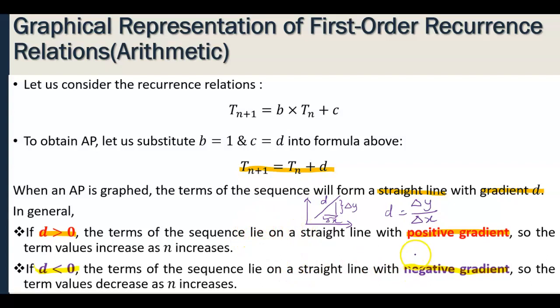The diagram will look something like this, with a negative gradient, and the gradient being d, the same as before. Again, the gradient is the difference in y versus the difference in x.